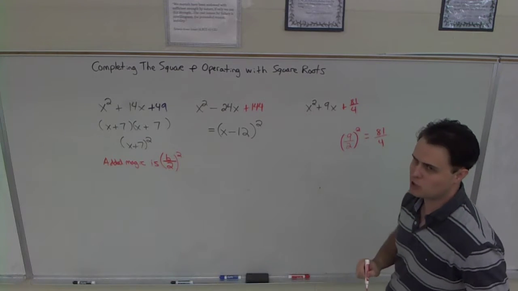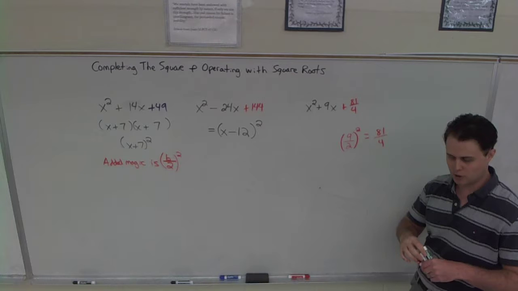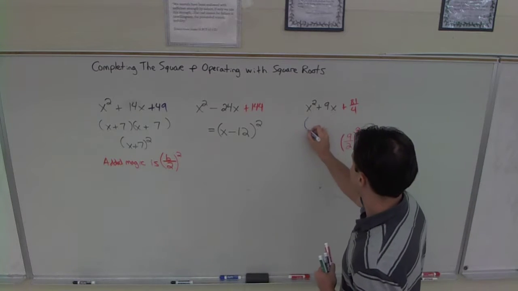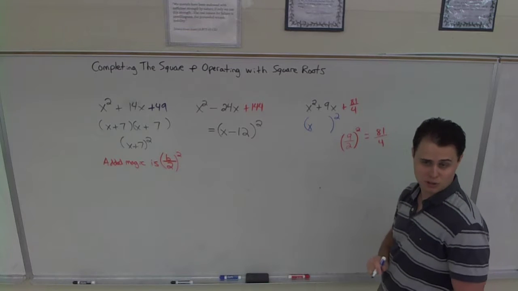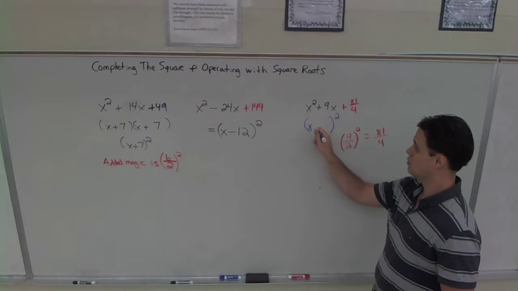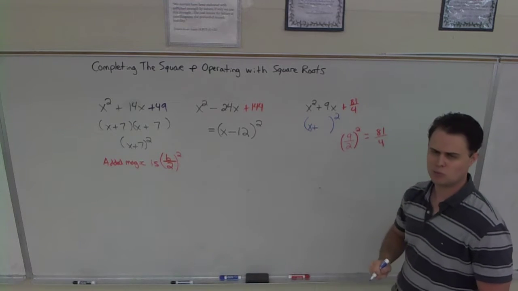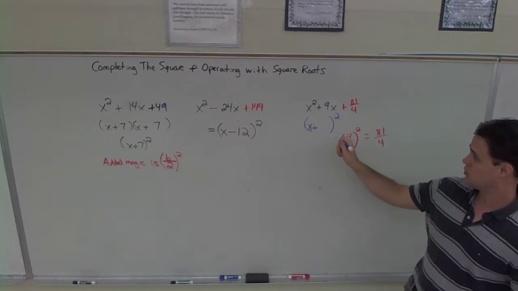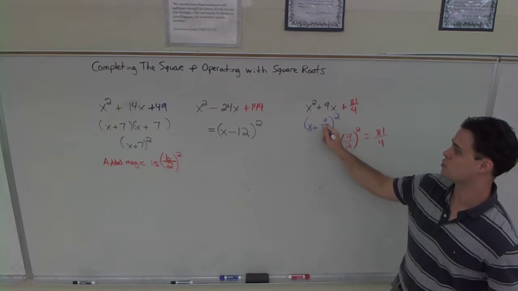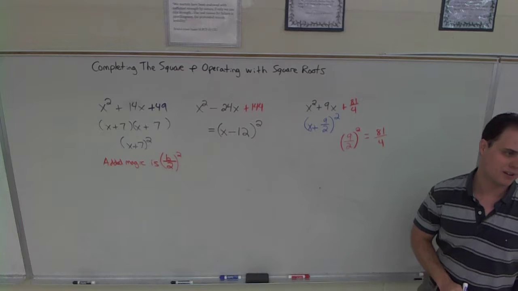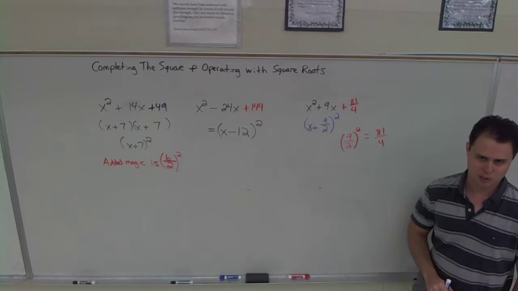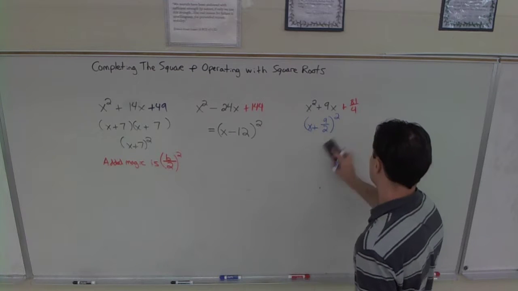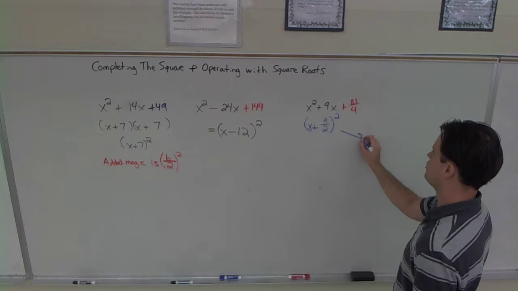And then you know, just because of the magic of completing the square, that this guy is going to work out if I go x plus 9 over 2 squared. Now that one's a little harder to believe, right? So maybe we should multiply it out and check. I'm going to do it really quick. So is this guy truly that guy?